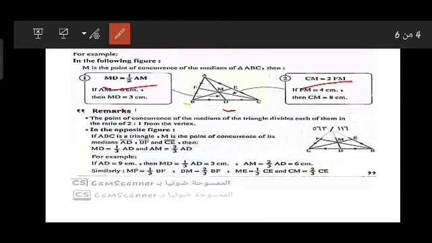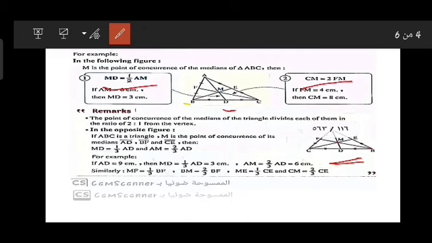We must know the point of concurrence of the medians of the triangle divides each median in ratio 2 to 1 from the vertex. In the opposite figure, ABC is a triangle, M is the point of concurrence of its medians. AD and BF and CE are medians.